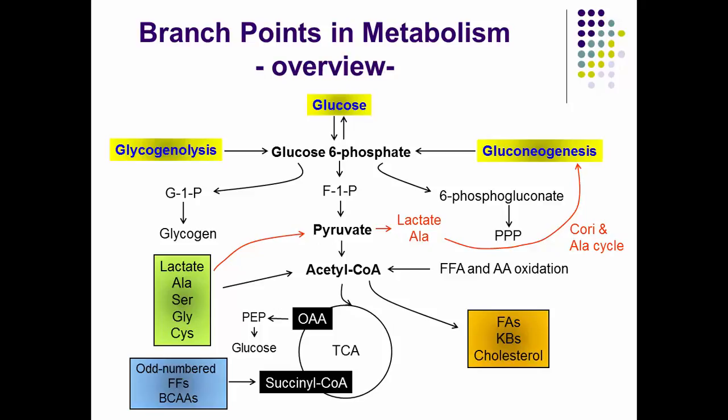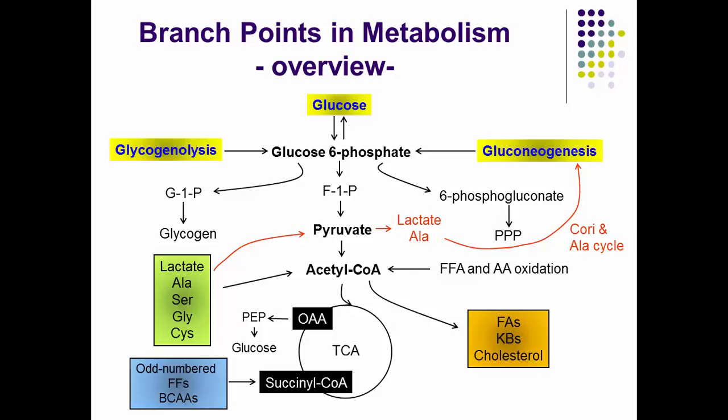For example, glucose 6-phosphate can be generated from glycolysis, from glycogen breakdown, or gluconeogenesis, right? And glucose 6-phosphate can be used for synthesis of glucose, or can be further broken down or oxidized to pyruvate and even completely oxidized in the TCA cycle.